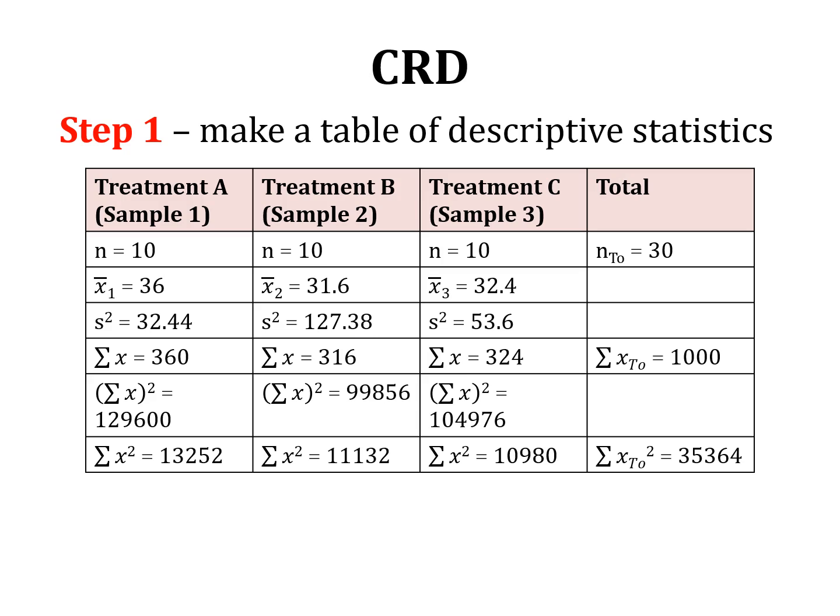The variance of sample number 1 is 32.44, the variance of treatment B, which is sample number 2, is 127.38, and the variance of the third treatment is 53.6. Then we have the summation x values, which are 360, 316, and 324 for the 3 treatments respectively. So here we have our descriptive statistics, and this is going to be used in the computation of ANOVA.